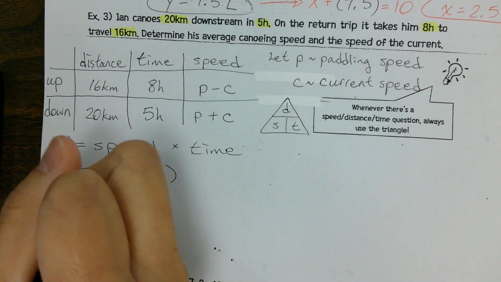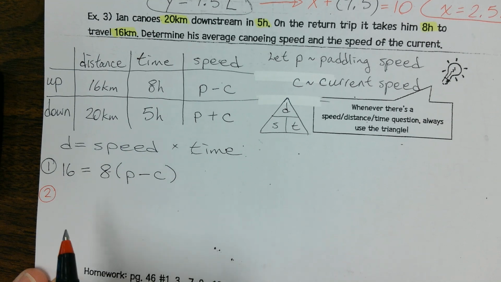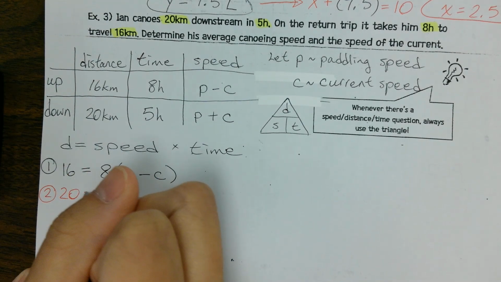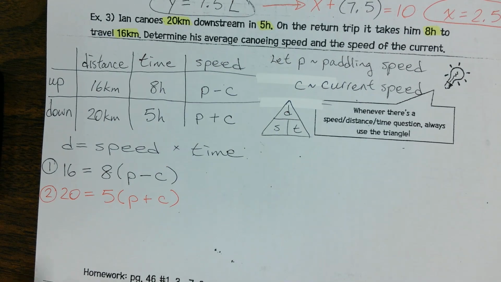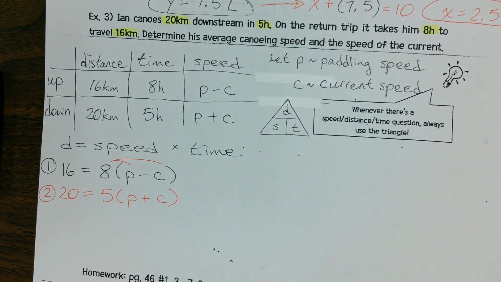Okay, second equation then. Same format. How would I set it up? 20 equals 5 times brackets P plus C. Perfect. Now, I have it written like this because you can tell you have to distribute that 5.